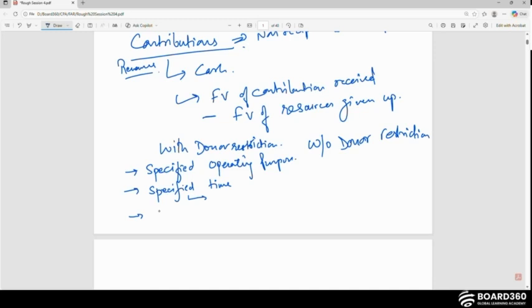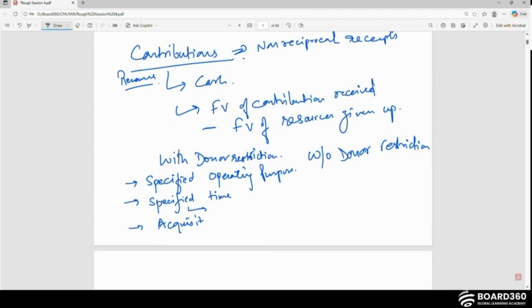Then there are restrictions as per acquisition or construction of a capital asset. Like you have given money to construct a capital asset, a building or a lab or anything. So it is an acquisition or construction of asset restriction. Lastly, there can be a restriction that the money is not available for expenditure at any time.